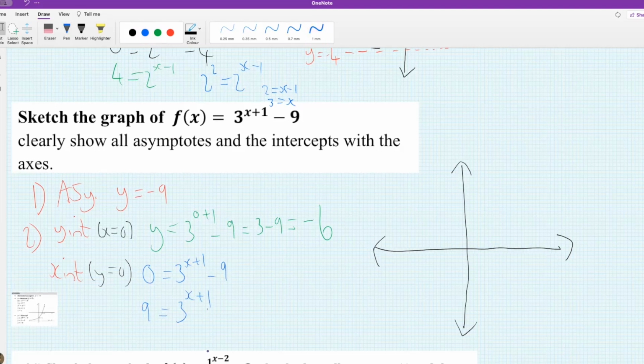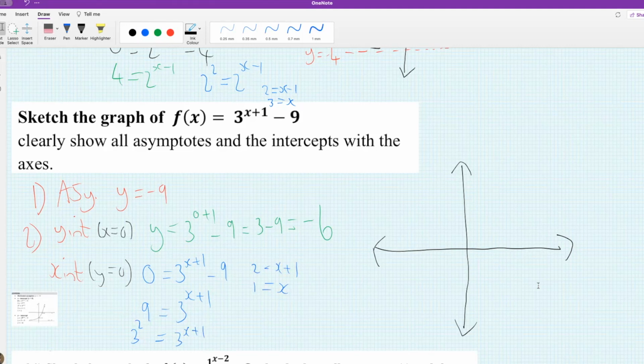What are you guys getting for your x-intercept for this exponential function? I get x is 1.